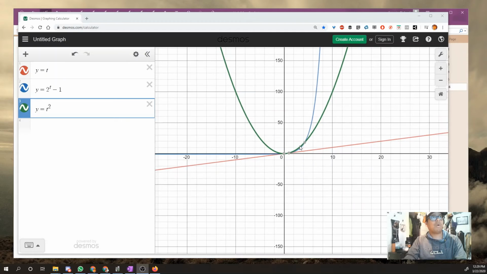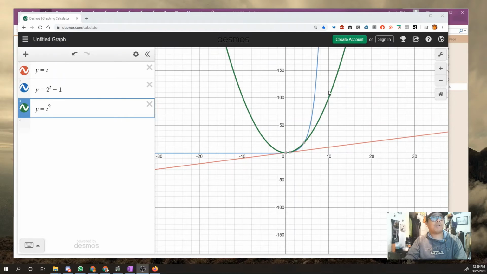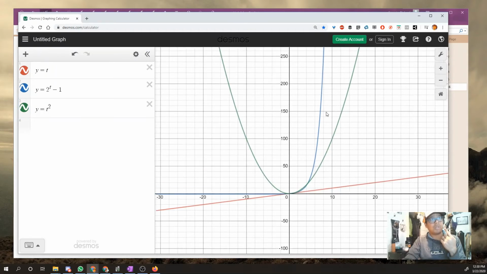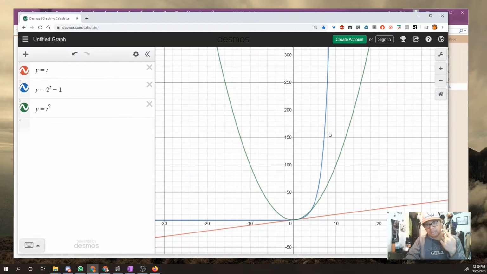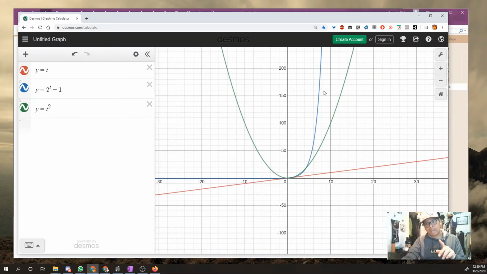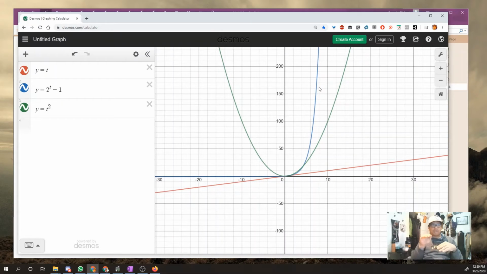Once we look over here at t equals 10, the quadratic curve is at 100, but the exponential curve is literally off the chart. So the exponential curve starts off by growing slowly, and then eventually it literally explodes.